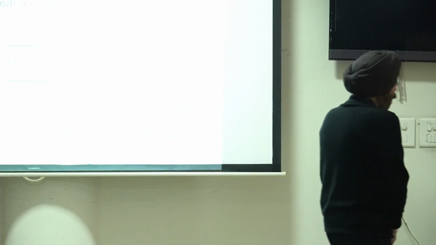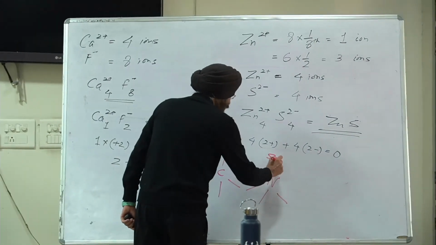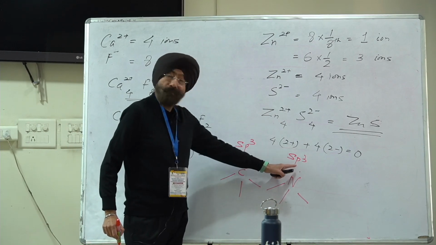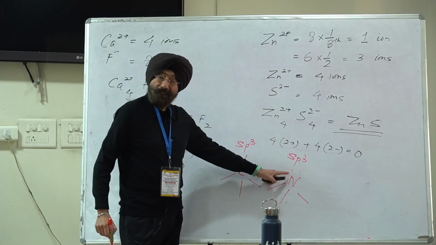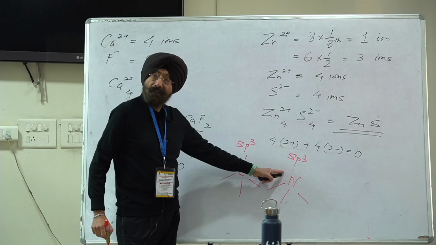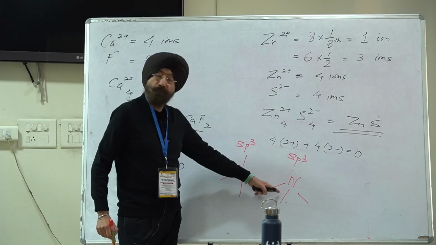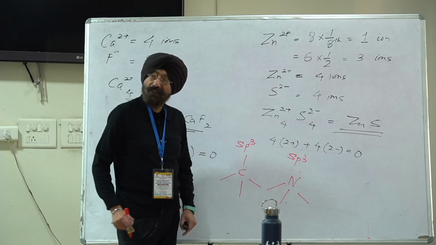Why do we have tetrahedral in both cases? Here there is no bonded position, here you have the bonded position. But when we do not have the bonded position, can't it be sp2, because there are three connections, three bonds?